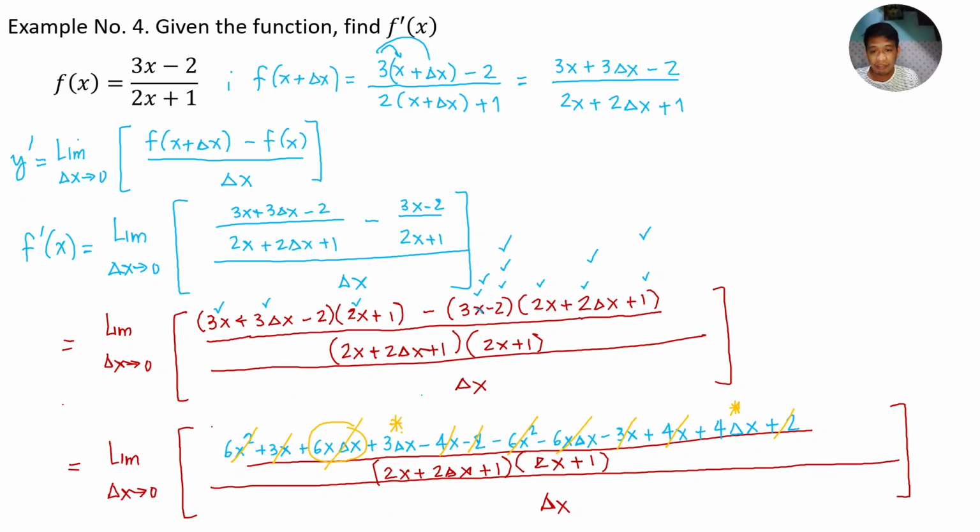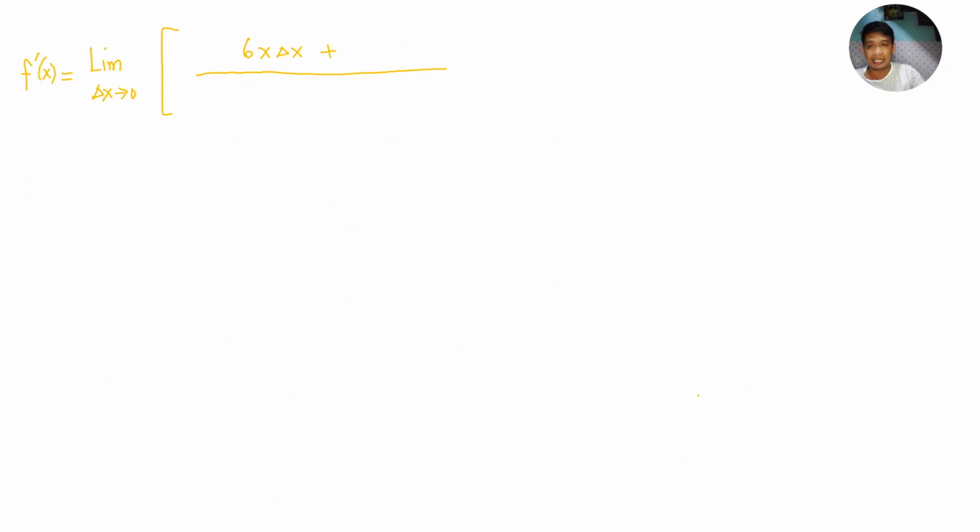So what is left na lang is 3 delta x plus 4 delta x is 7 delta x. So, makakancel na ito. So, ang matitira na lang ay 7 delta x over the denominator 2x plus 2 delta x plus 1 times 2x plus 1.